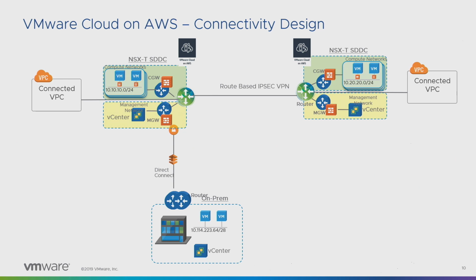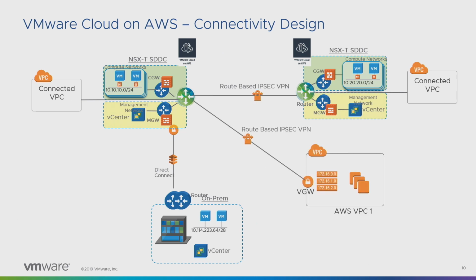So now why may they want to do this? Well, maybe they just have services there they need to access or workloads that they need to communicate between the SDDCs, or maybe they even want to do disaster recovery from SDDC to SDDC, right? You can do disaster recovery from on-prem to SDDC, you could do disaster recovery from SDDC to SDDC as well. They may also have a requirement to do connectivity to native AWS VPC.